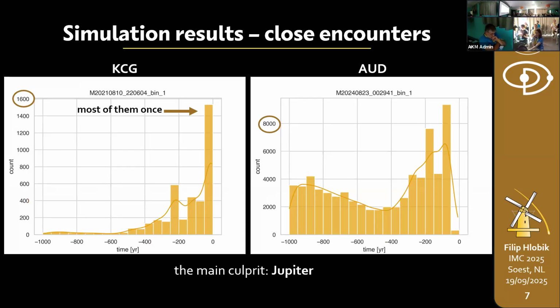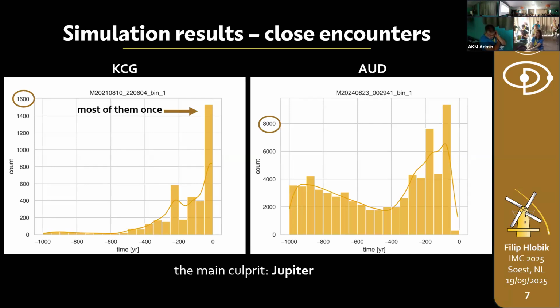For the Kappa-Cygnids, most of the perturbance happened during the first 50 years of the simulation, but not for a significant part of the particles. Looking at the first size bin, in the first 50 years, not even 1600 particles had a close encounter with a planet, mainly Jupiter.